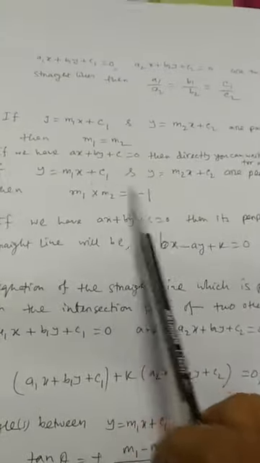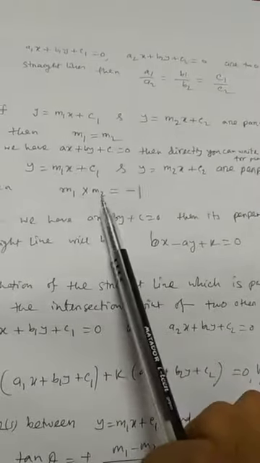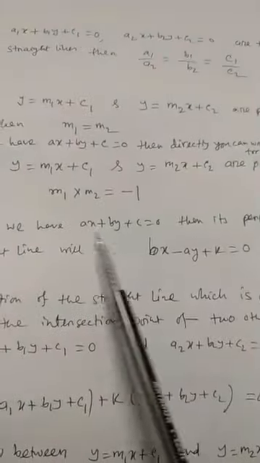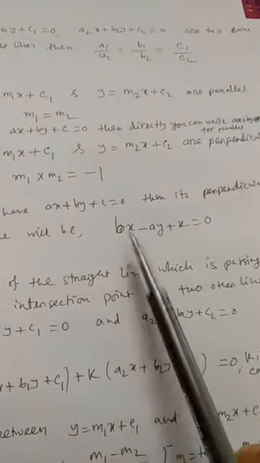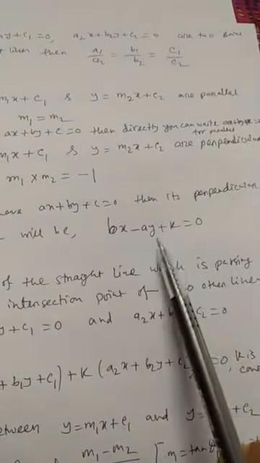And if these two straight lines are perpendicular to each other, then the product of their gradients will be minus 1, m1 into m2 equal to minus 1. And if the straight line is given in this way, then to save time you can write its perpendicular line directly as bx minus ay plus k equal to 0.